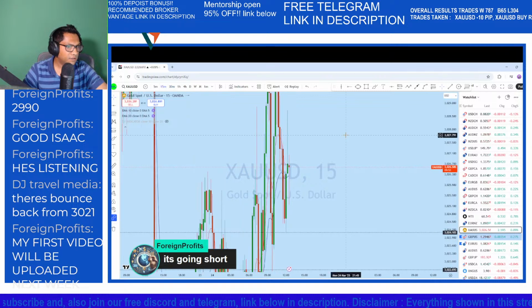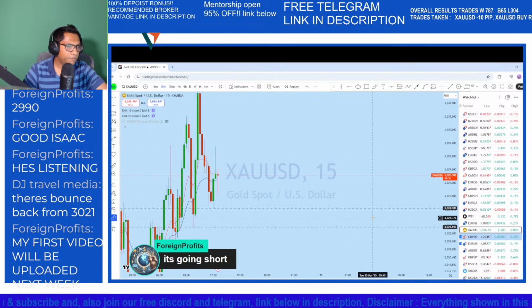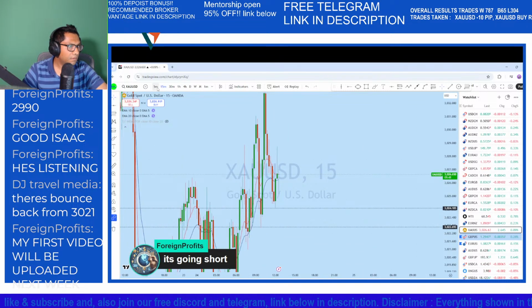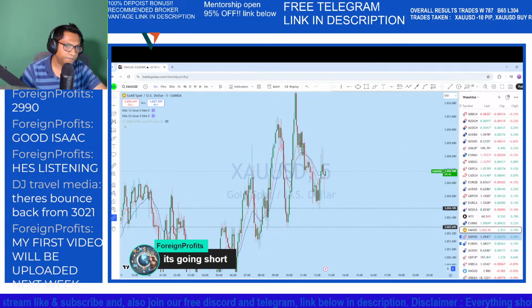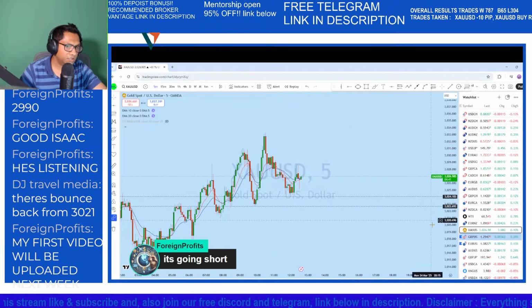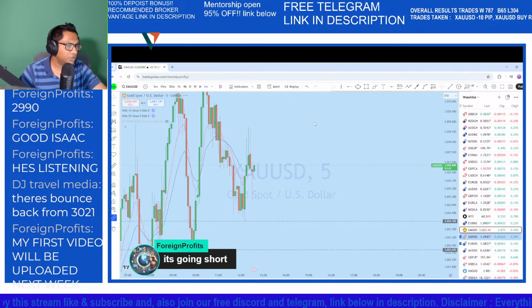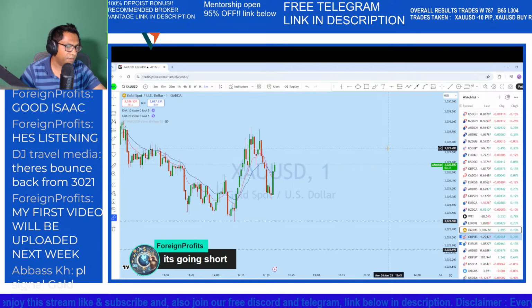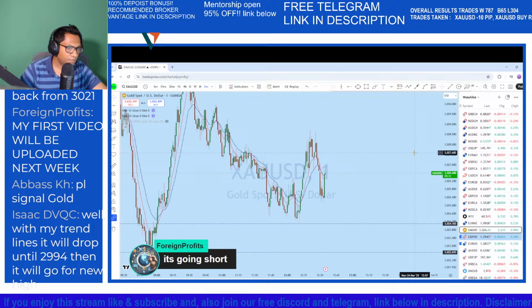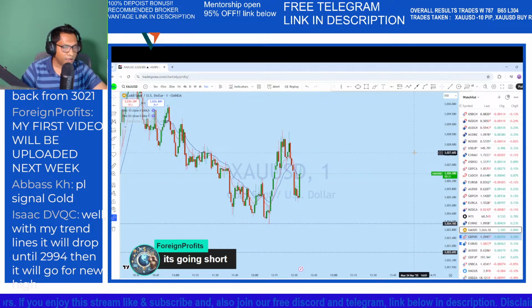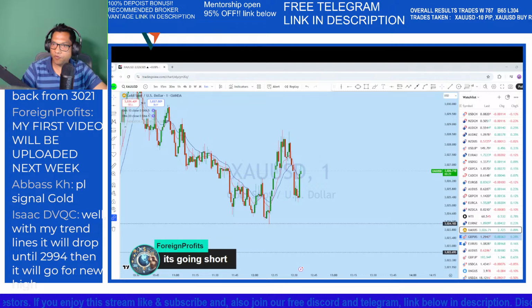So looking at the doji here, a long wick doji. We need to look at whether it's a bull or bear market. Still not fully prepared for any directional bias.